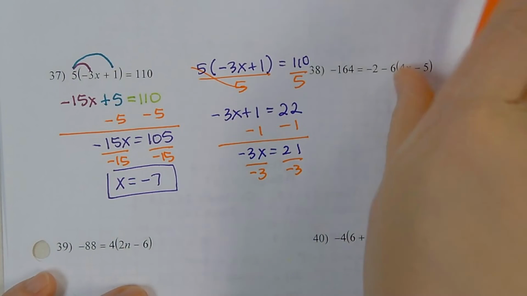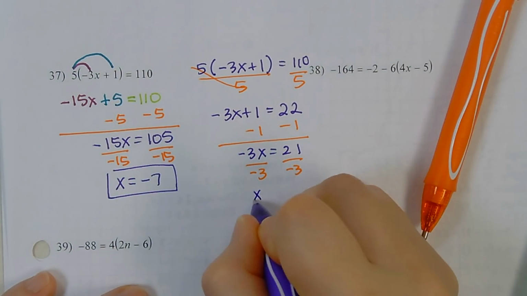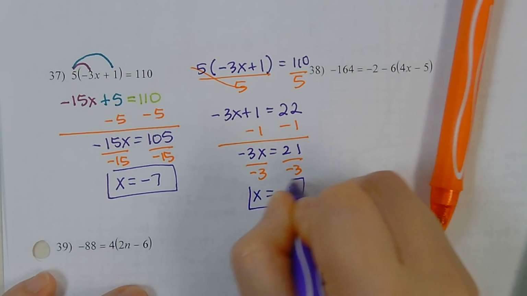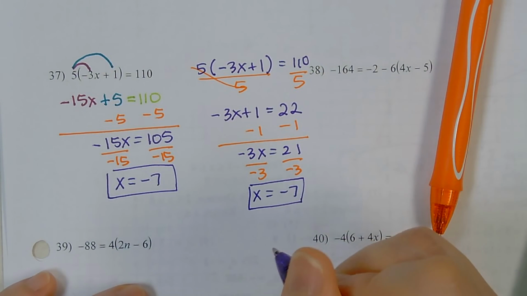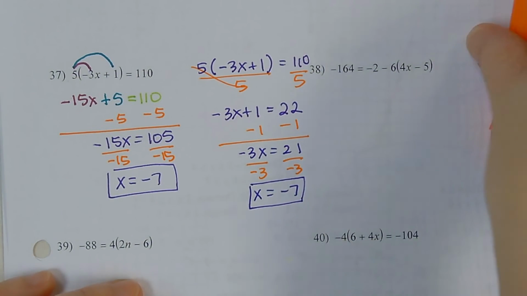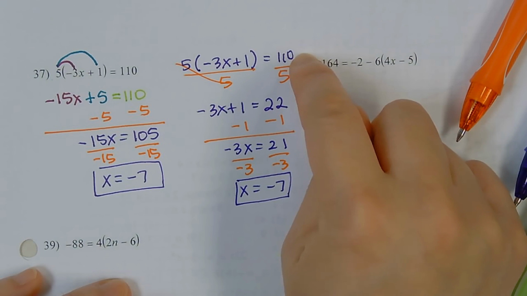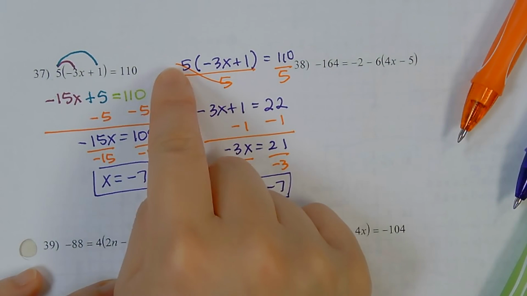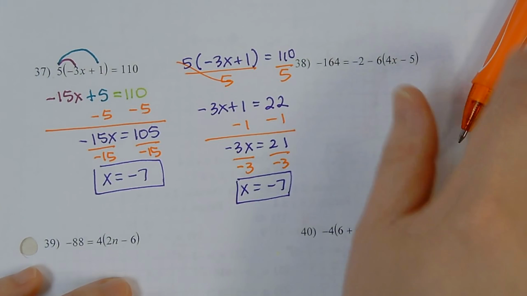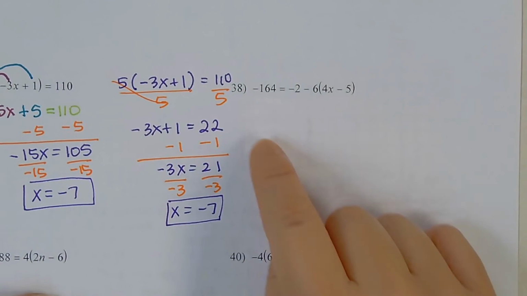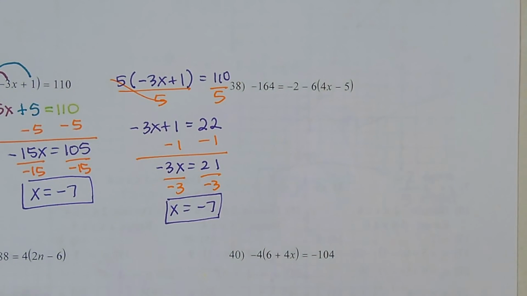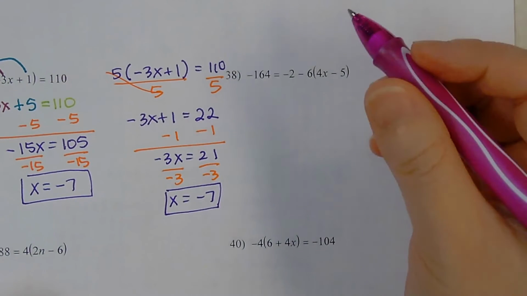You would divide both sides by negative 3. And x is, again, equal to negative 7. See? Same answer, different method. It's the same thing. Okay? So I would only use this if the number on the other side is divisible by the number on the outside.